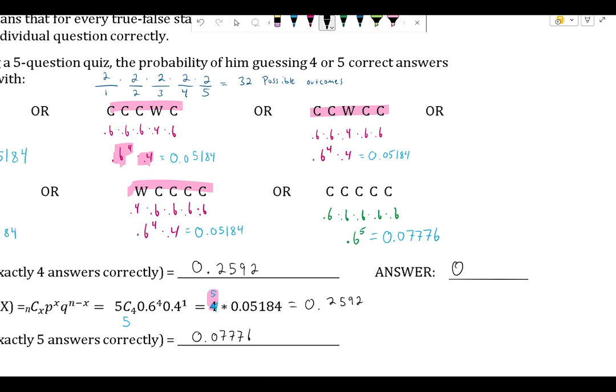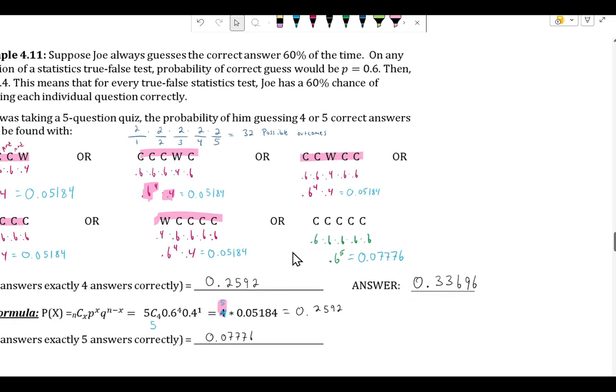We will get 0.337, or if I wanted to, I could go all the way, 696. Generally, we round probability answers to only 4 decimal places.